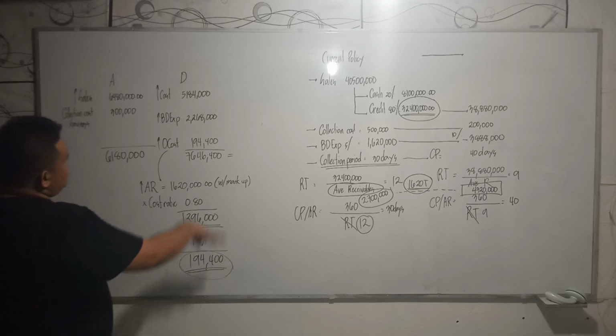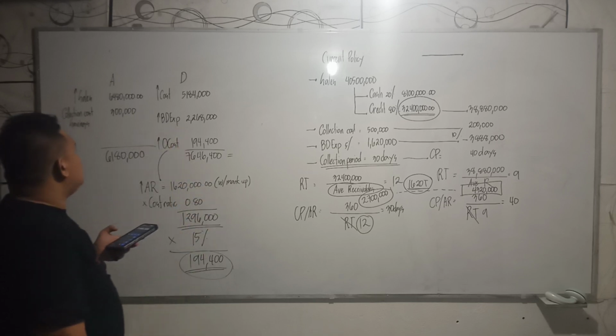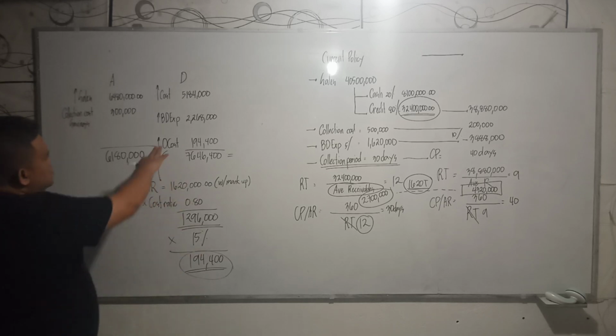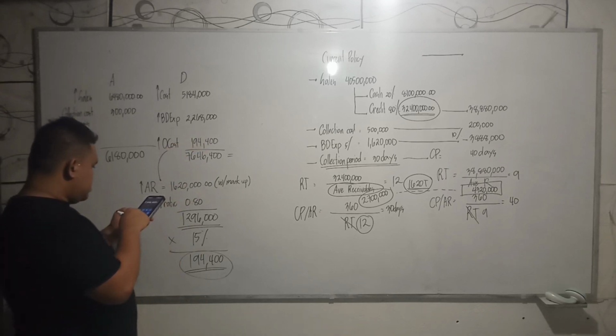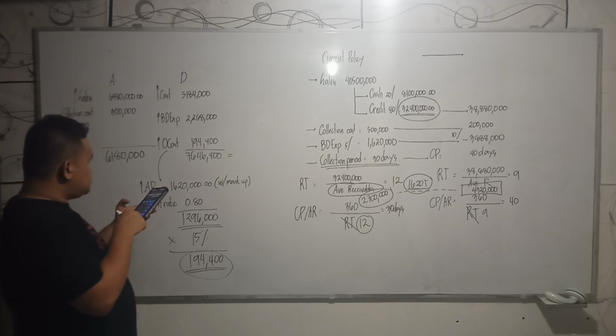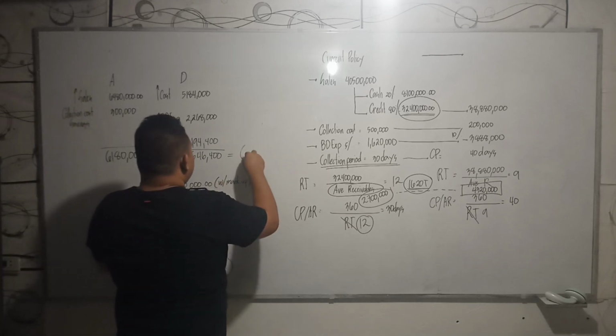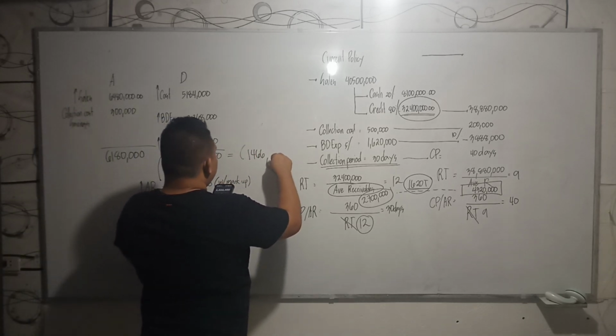The opportunity cost is very small compared to the bad debts expense effect. So we will have minus 6,180 minus 7,646,400. We have a net disadvantage of 1,466,400.